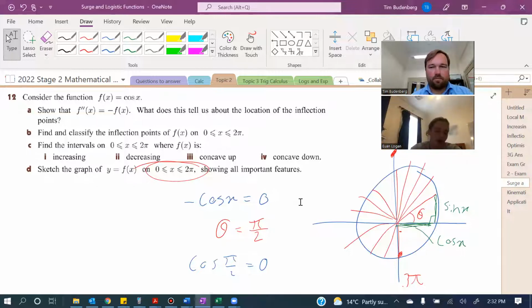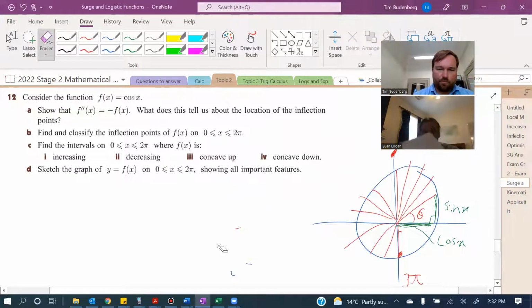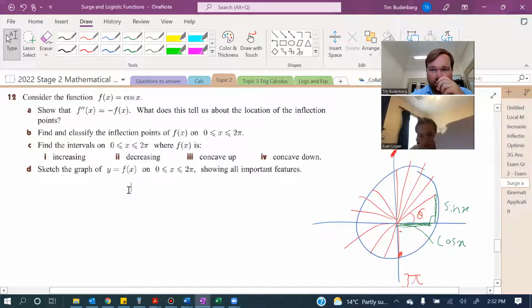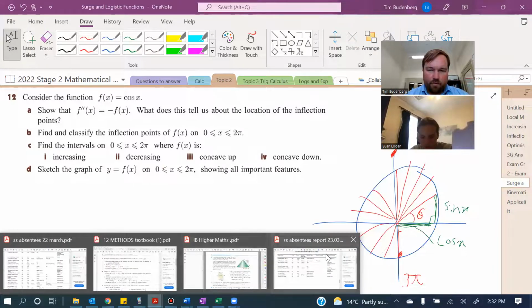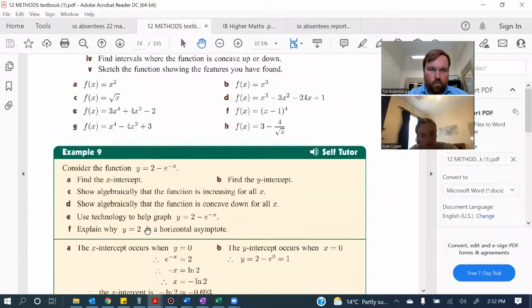Okay, cool. And then the only other thing that I'm struggling with, other than 3G, but I haven't had a chance to watch a video yet, is questions 8, 9, and 10 of 3D.1. And then 11.